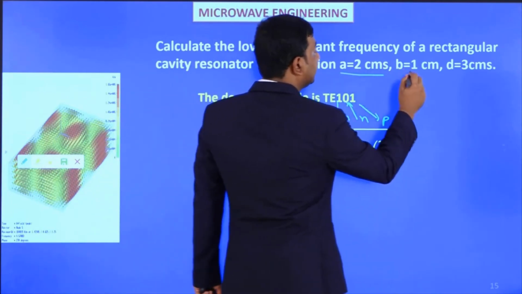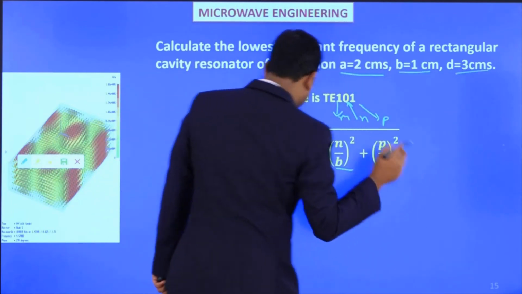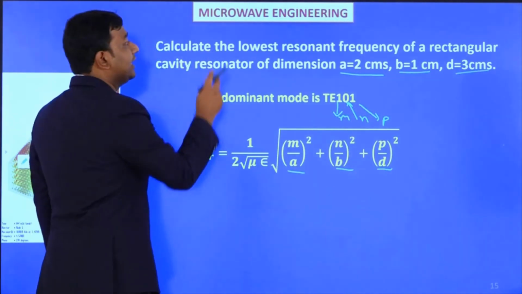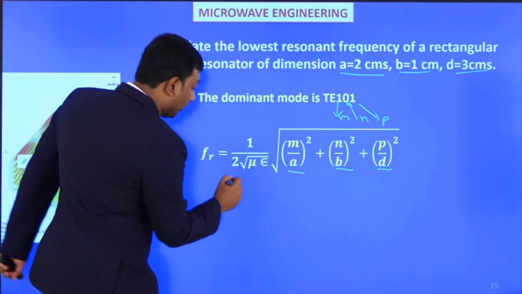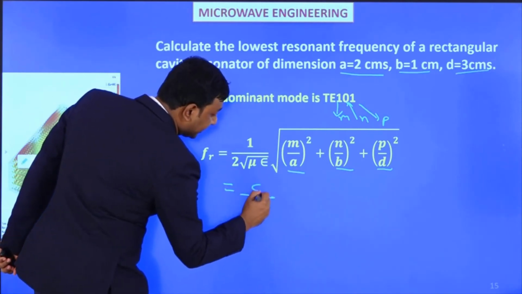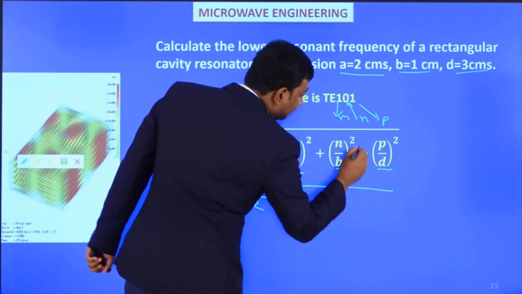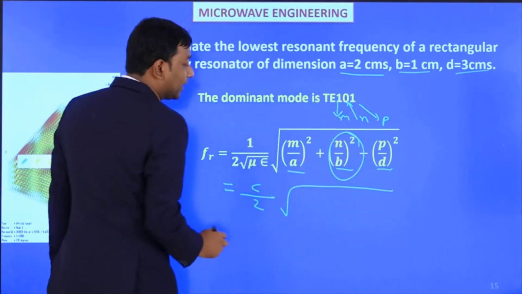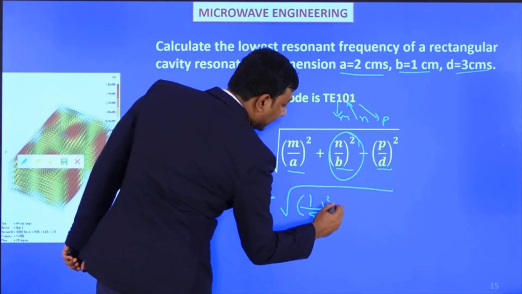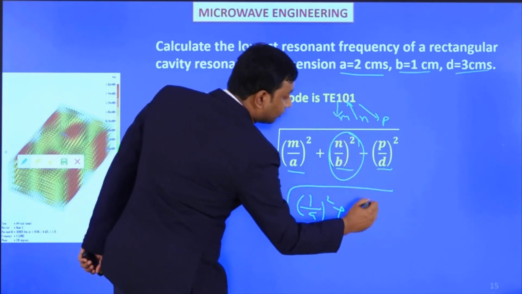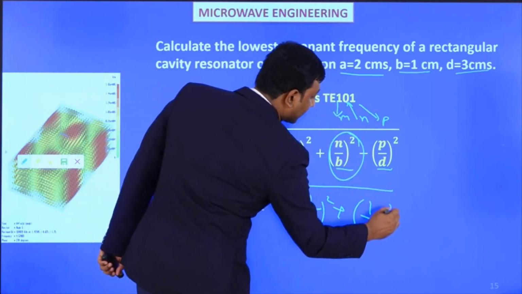a equals 2 centimeters, b equals 1 centimeter and d equals 3 centimeters. Nothing else is specified, so we can consider it air-filled. So here 1 by root over mu epsilon will be c, giving c by 2 times the root of (m by a) whole square plus (p by d) whole square; since n is 0, that whole part becomes 0.